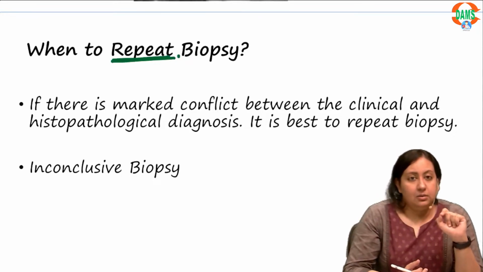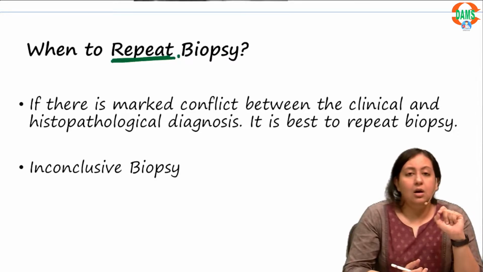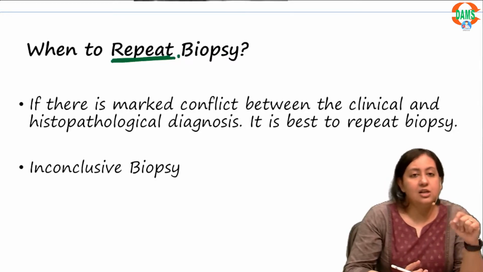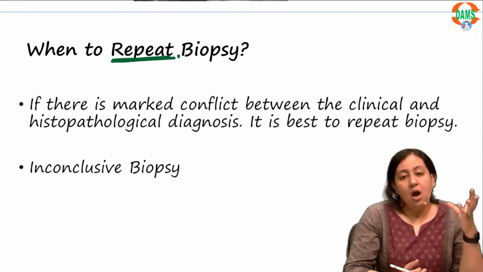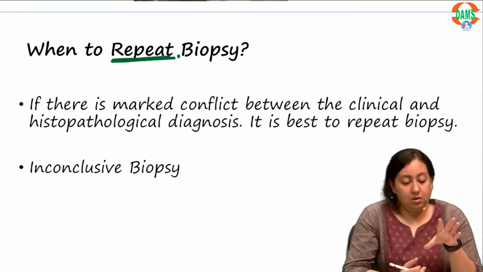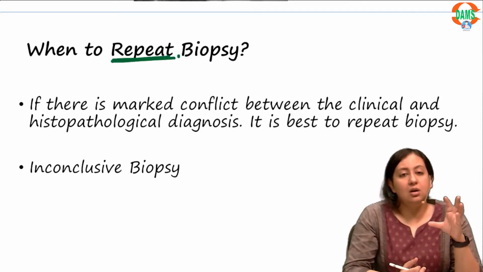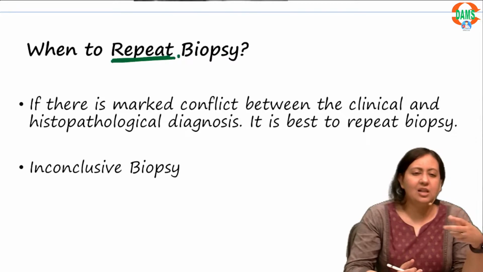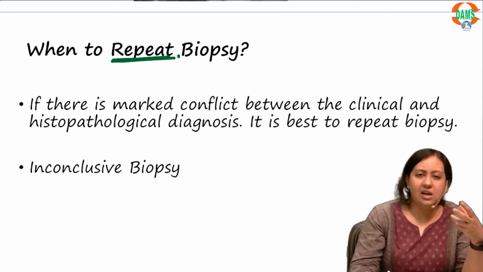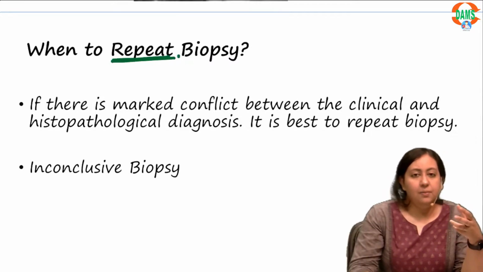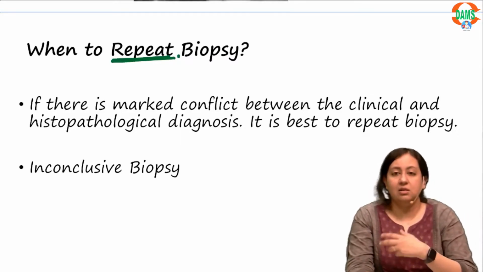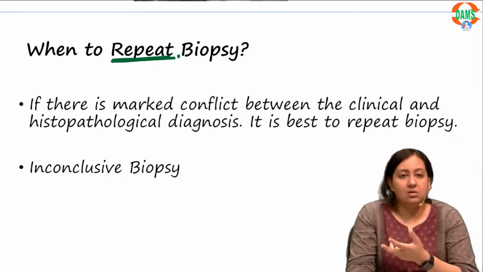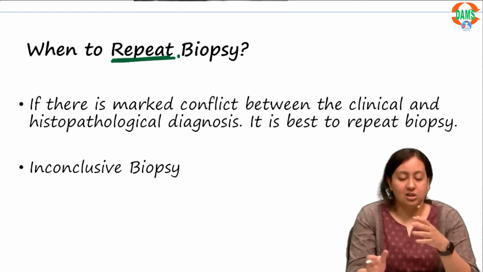First one is when, looking at the lesion, it seems very suspicious. It gives you a feeling that it may be something very aggressive, malignant. But the biopsy has reported it as something, maybe an inflammatory lesion or something else, which does not correlate.